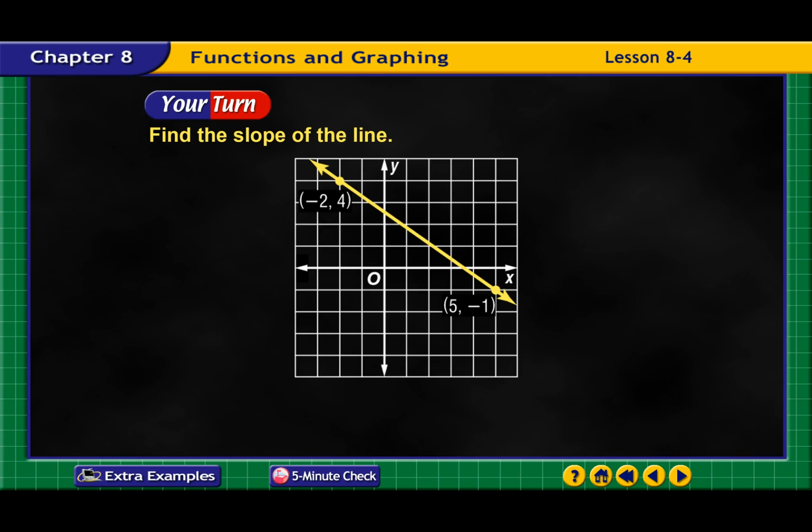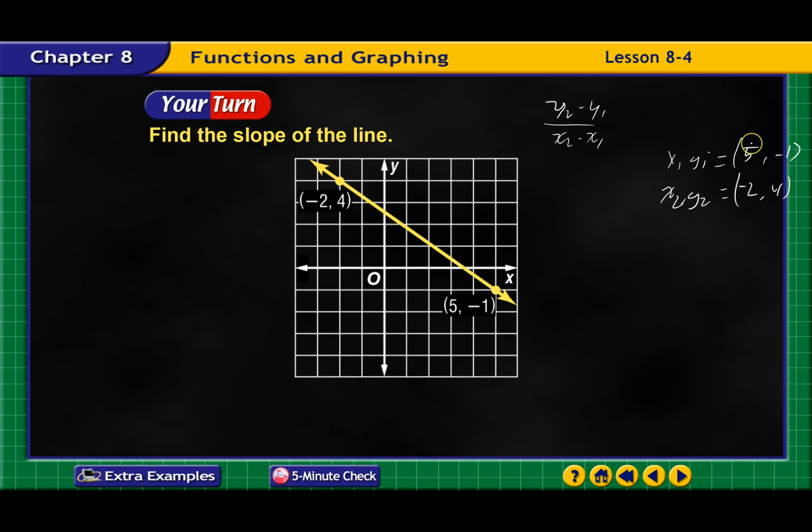Your turn. Find the slope of this line. Go. All right, so my x1, y1, I'm going to choose, let's do this one this time, 5 and -1, and my x2 and y2 is going to be -2 and 4.